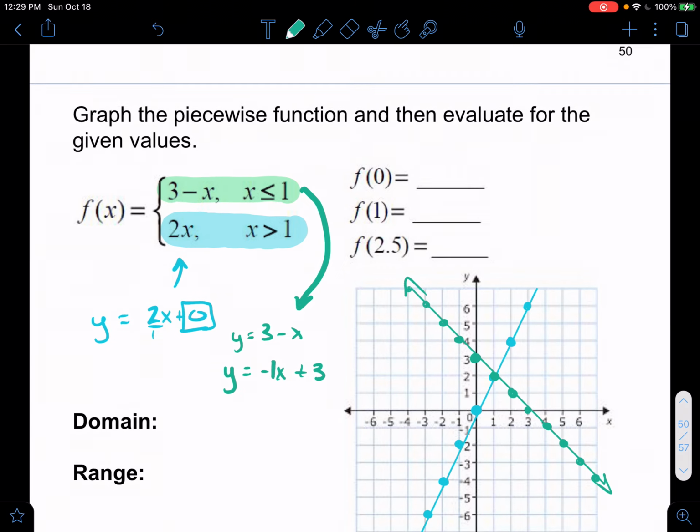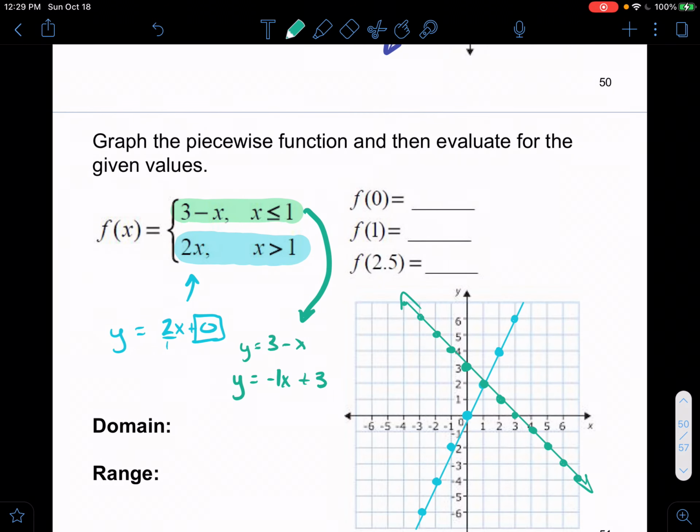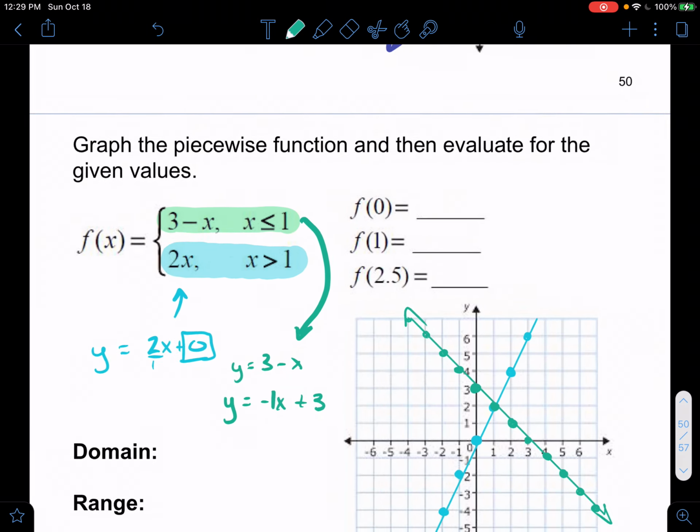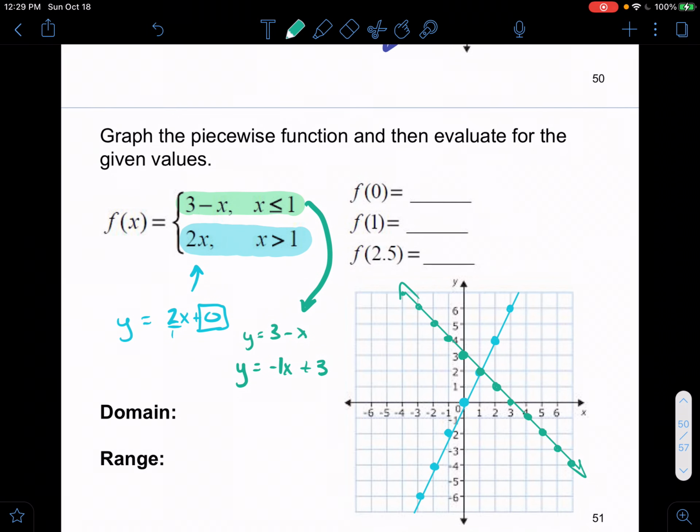Like so. Now, for my piecewise function, when I actually graph this, neither of these lines are going to continue on forever because they're only going to work in certain situations. So, for example, this top line here, 3 minus x, that's our green line on our graph right now. This line only works if x is less than or equal to 1.